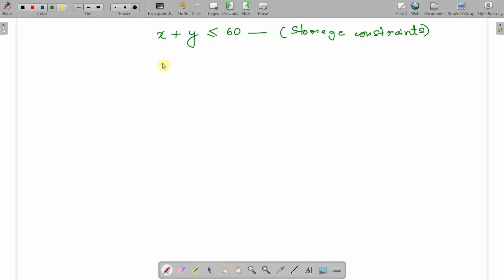And it is obvious that the number of tables and number of chairs will be 0 or more than 0, right? So x is greater than or equal to 0, y is greater than or equal to 0. So this is called the non-negative constraints.